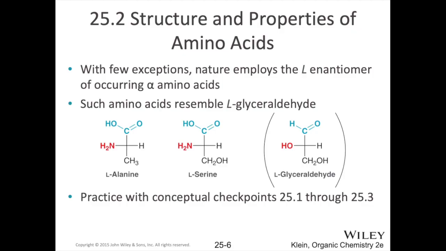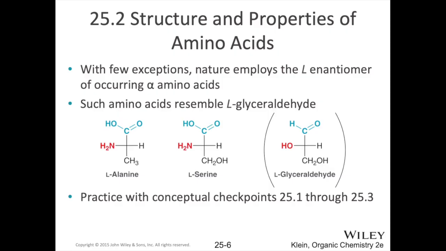Now, I mentioned earlier that the carbon that connects all of these groups together is chiral because we've got four different groups on it. Basically, the L enantiomer is the prevalent one you'll find in nature. So I think it's safe to say that unless you're told otherwise, you can assume that the stereochemistry around that carbon is going to give you the L enantiomer.